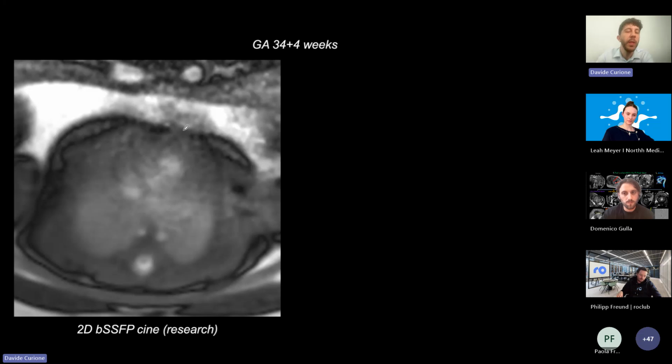It's not working properly, but anyway, there was a question with echocardiography. Echocardiography reported a dextropositioned aorta and could not definitively rule out a double outlet right ventricle.